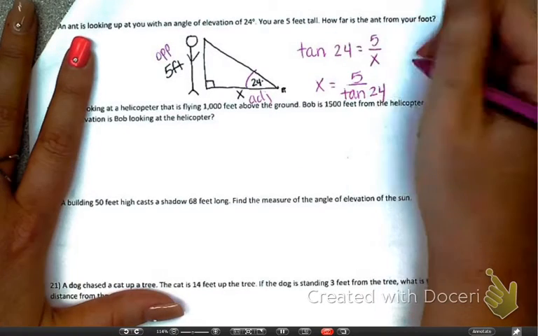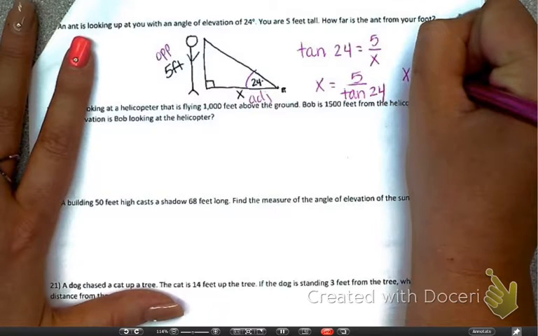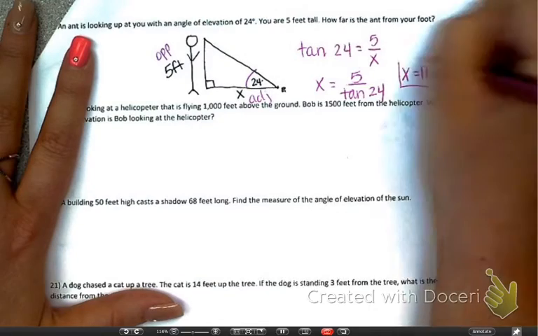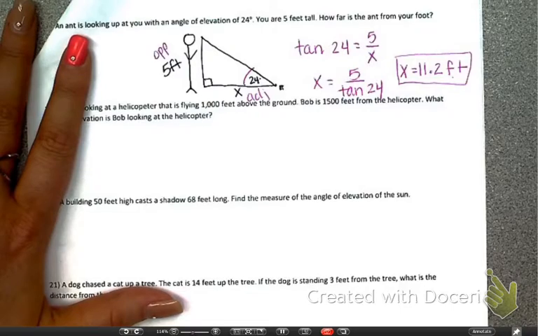And I am getting x equals 11.2 feet. Some of you on the last test for the word problem did not write your units and you lost a point. Okay, you need the units. We have a word problem with units. You need units in your answer.